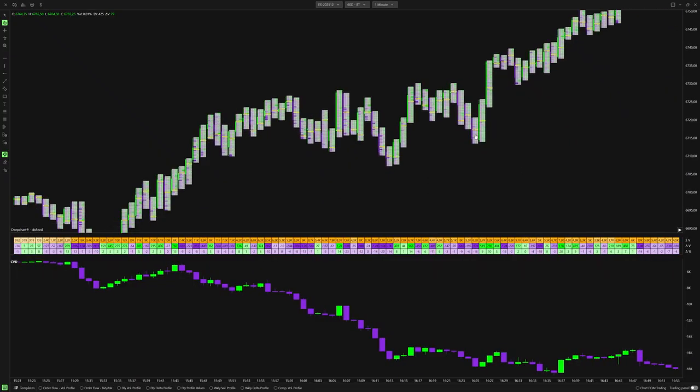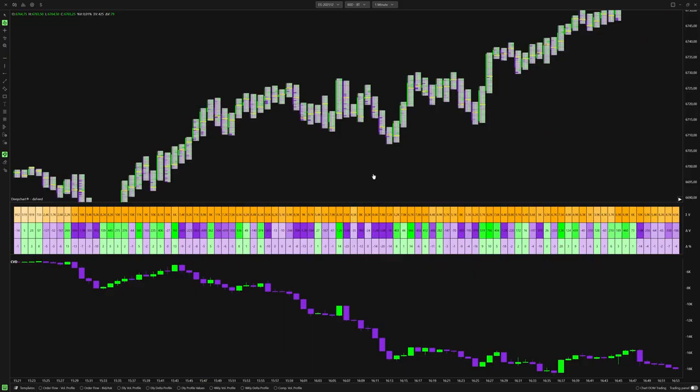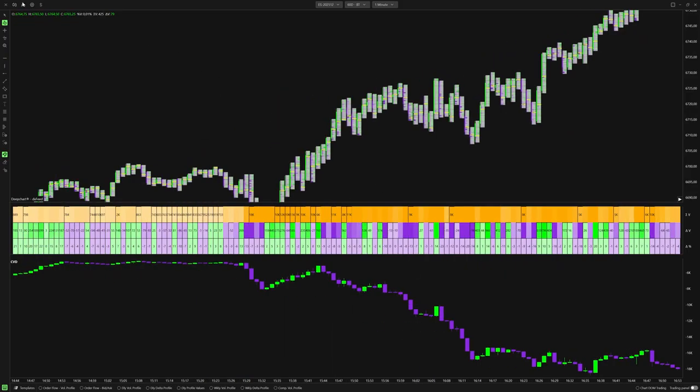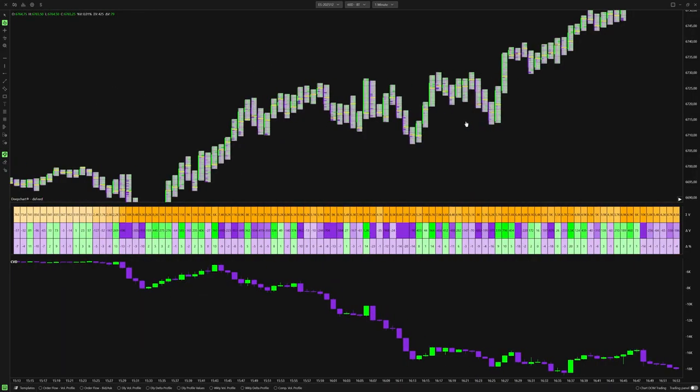So we take the same chart and we add this on top, which is the cumulative volume delta. You can find it here in indicators, cumulative volume delta, candlesticks.